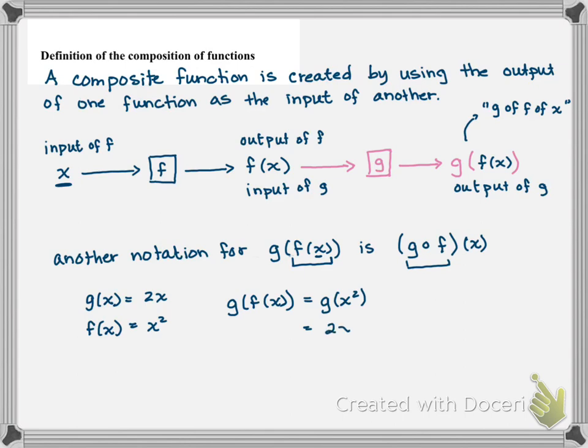So you get 2x squared. Whereas if you do g of x times f of x, that is equal to 2x times x squared, which is 2x to the third.